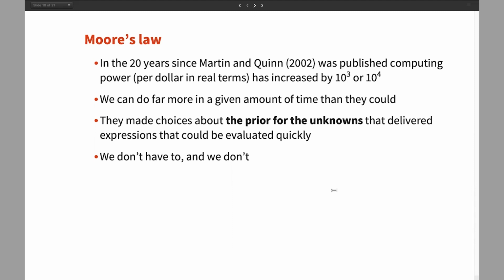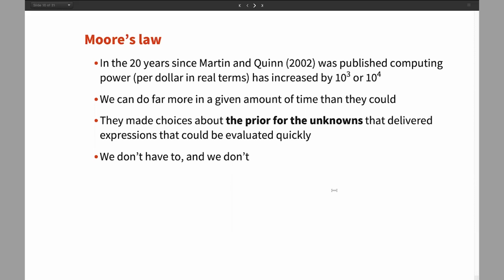Well, you get about a factor of 1,000 or 10,000 in computing power, depending upon your view of Moore's law, which means that we can do a lot more in the same amount of time than they could do. And so there were choices that they made in their model in order to get expressions that would allow them to make draws in a very straightforward, simple manner.